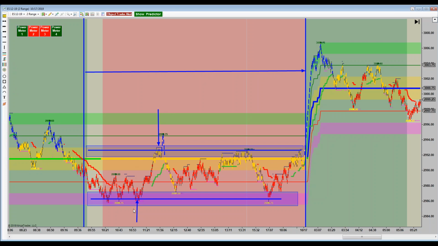So type in both. S for short, you're mainly shorting resistance levels, covering at support. B for buy, you're buying the bottom. When it comes down to the bottom, you're buying down here, and you're getting out at the top of the range. Or both, you would trade both sides of this range.